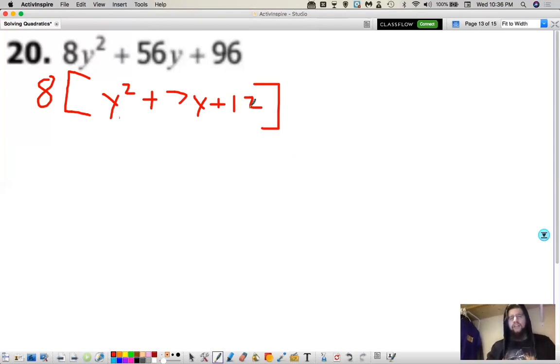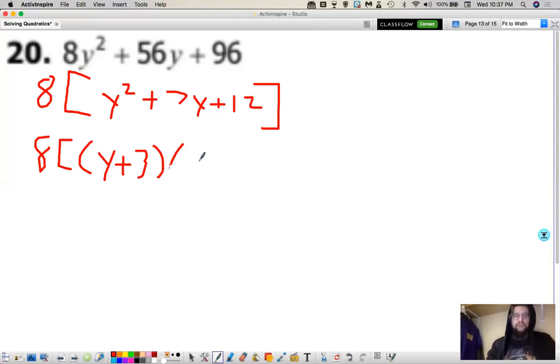So now it's super duper easy. You can use the AC method if you want. But it's got a 1 here, that's a 12. It needs to add up to 7, 3, and 4. And you can drop off the brackets.